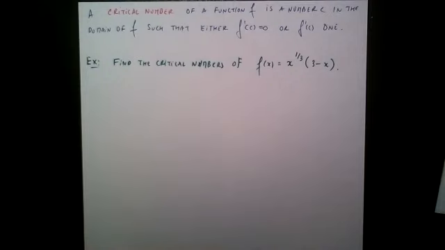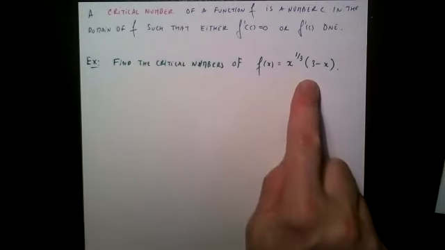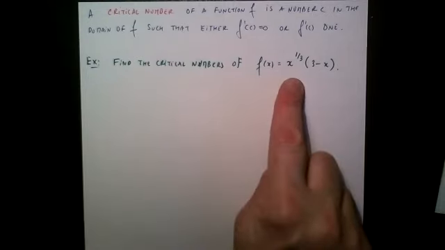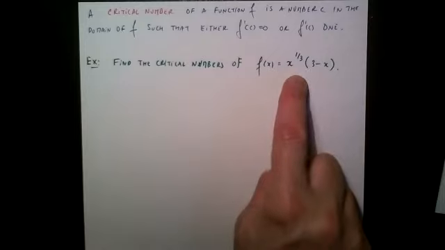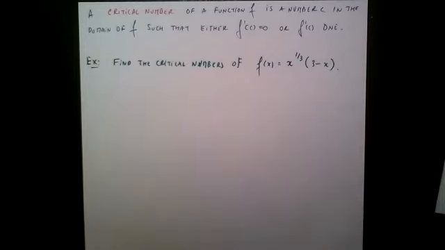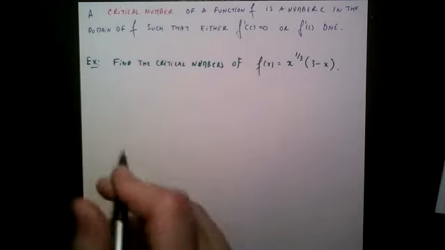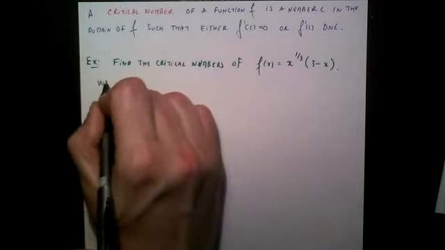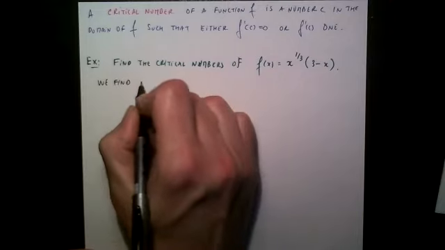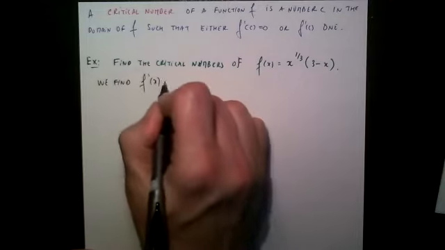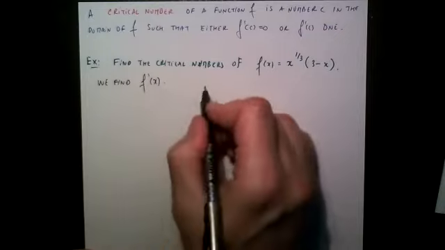Okay, so basically what we want here is to find the derivative and see when the derivative is 0 or when the derivative does not exist. So let's go. We find f prime of x. Okay, so what is it?